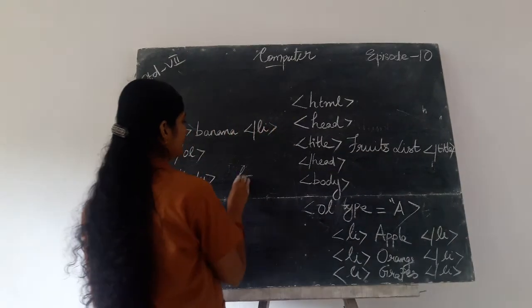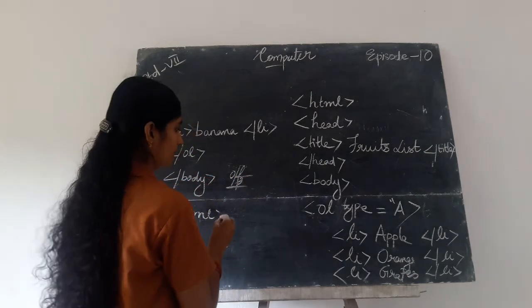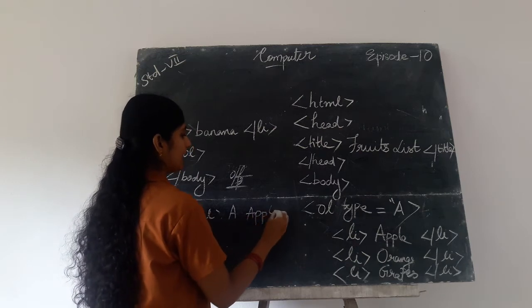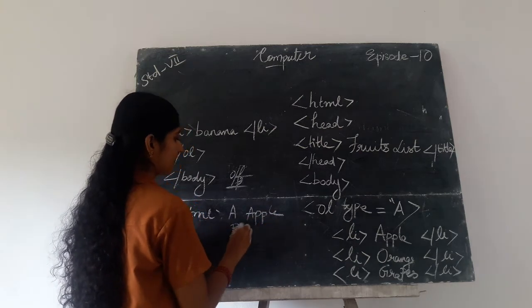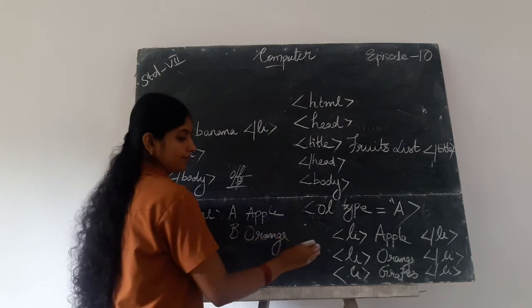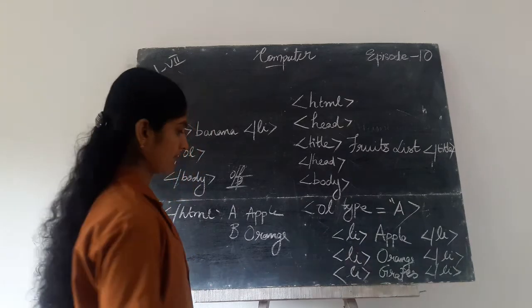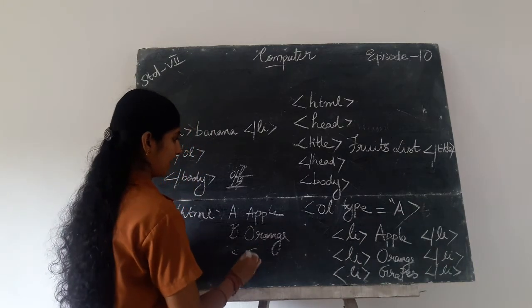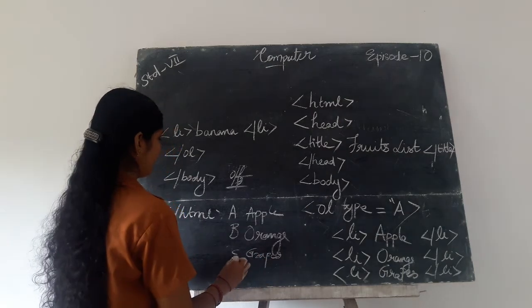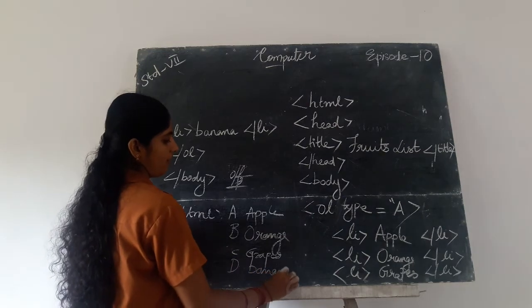Finally, the result is A apple, then B orange, C grapes, then D banana. Okay.